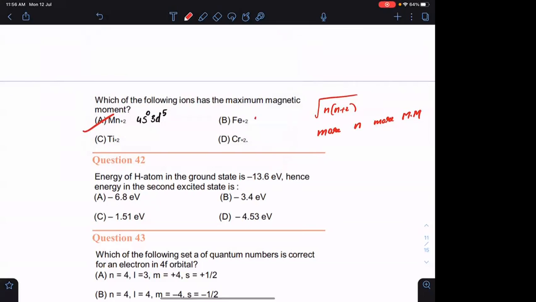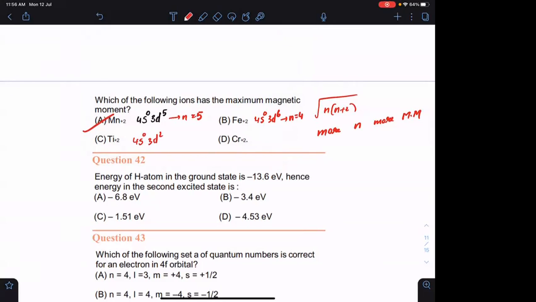Fe plus 2 means 4s0 3d6. Here you have n equals 4. Here you have n equals 5. Scandium, titanium. Titanium is 4s0 3d2.